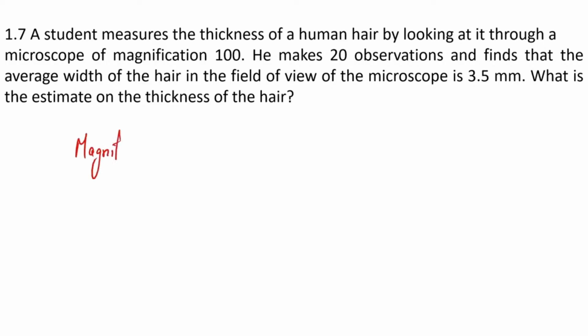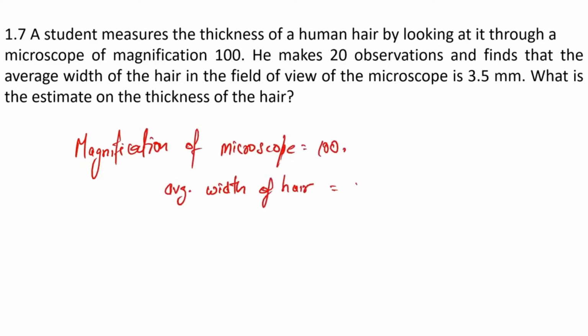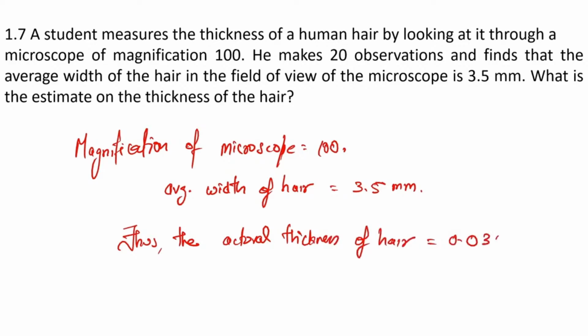The magnification of the microscope is 100, and the average width as observed is 3.5 millimeter. The actual thickness of the hair would be the average width of the hair divided by the magnification of the microscope, and that would be equal to 0.035 millimeter.